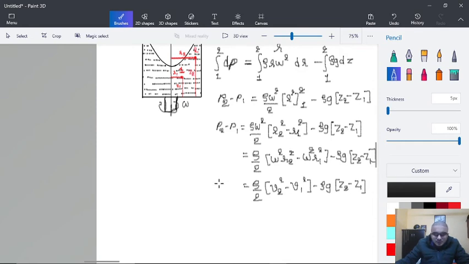So this is the pressure difference P2 minus P1.